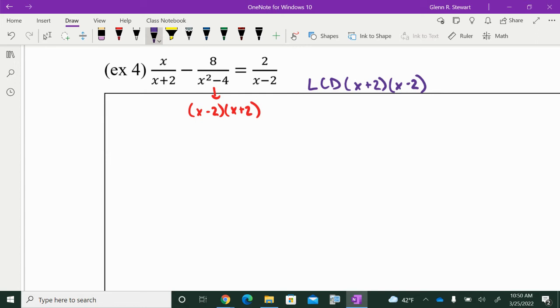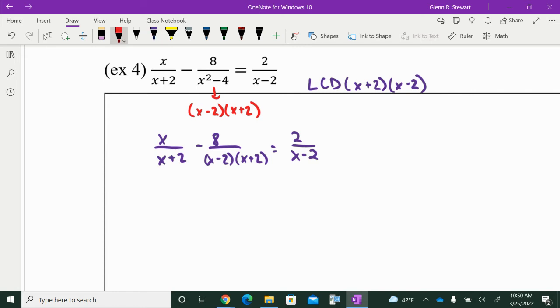So let's do this. I'm just going to rewrite the problem here. Now, on my right side, anything on the right side of the equals, it's one fraction. I don't have to worry about combining any terms or combining two different fractions into one.